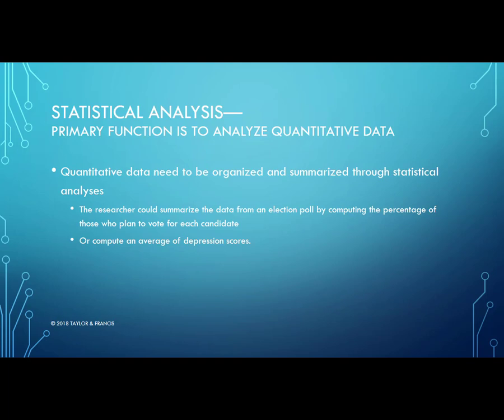Quantitative data needs to be organized and summarized through statistical analysis. Again, I mentioned in What is Research that is primarily what we're going to focus on in this course. That is not to say that qualitative is not extremely important. It doesn't have its use. It's simply that we are going to focus on quantitative more in this course.